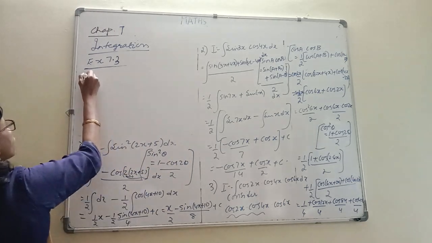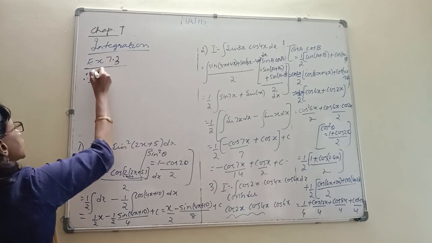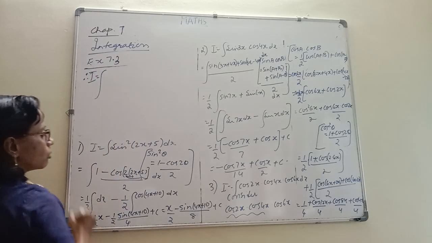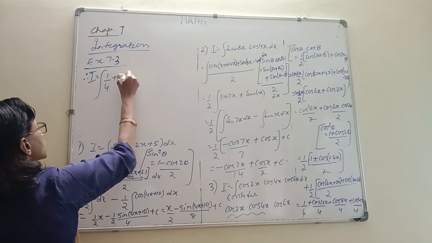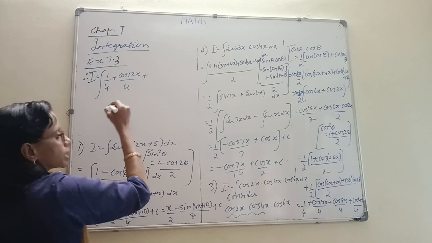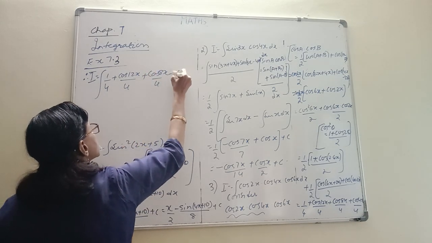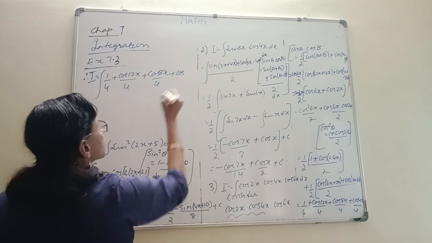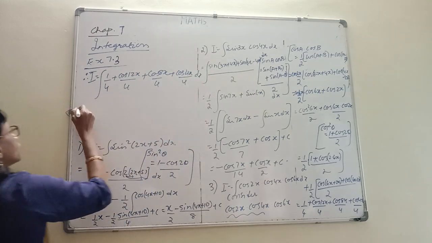So I is now becoming the integral of all those: 1 over 4 plus cos 12x over 4 plus cos 8x over 4 plus cos 4x over 4, dx. So the integral of each of them.